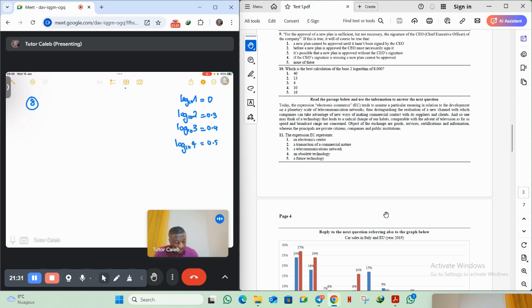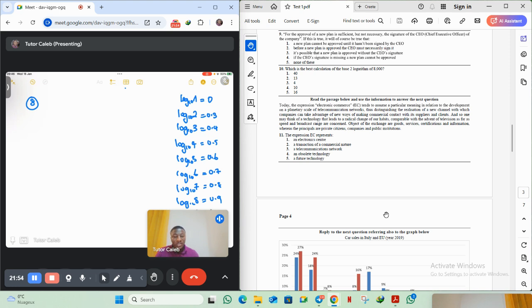The logarithm of 6 base 10 is 0.7. The logarithm of 7 base 10 is 0.8. The logarithm of 8 base 10 is 0.9. The logarithm of 9 base 10 is 0.94, I think, and then the logarithm of 10 base 10.